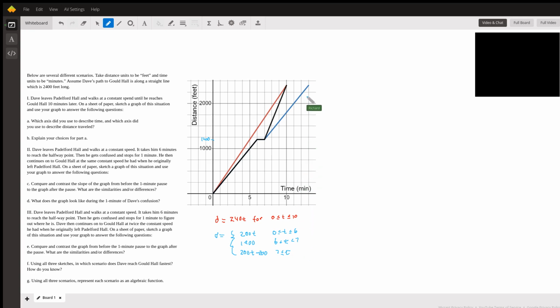He arrives at his destination at 13 minutes. So that's the blue line.